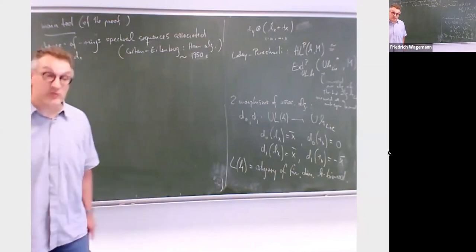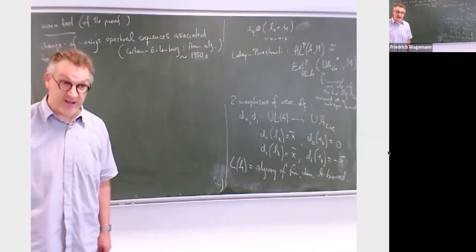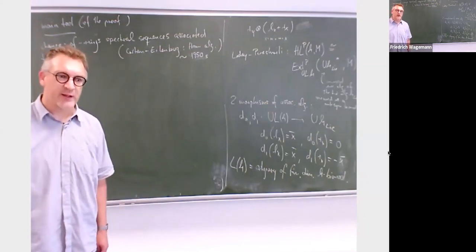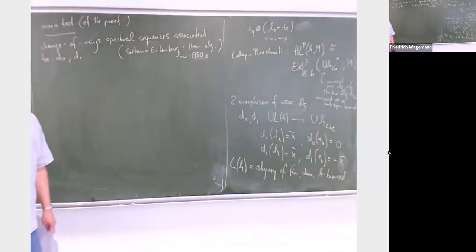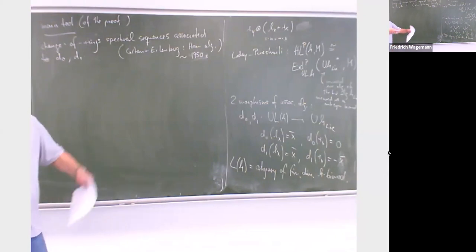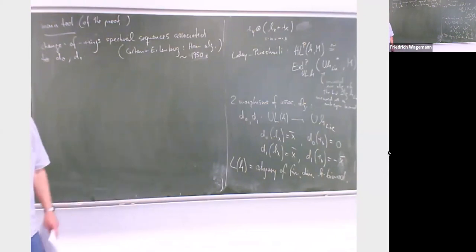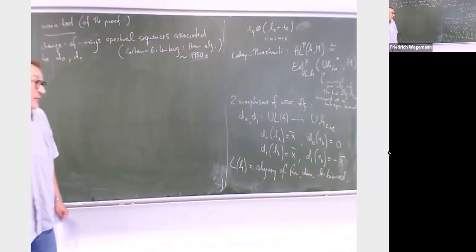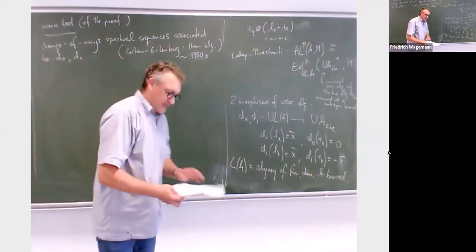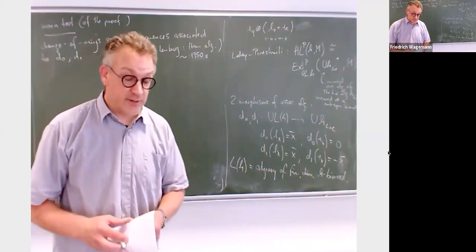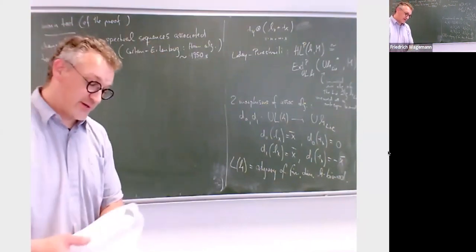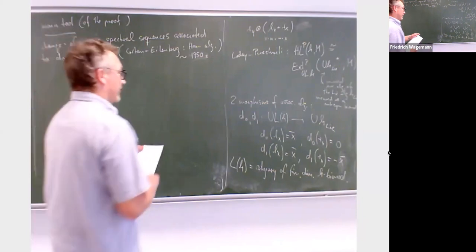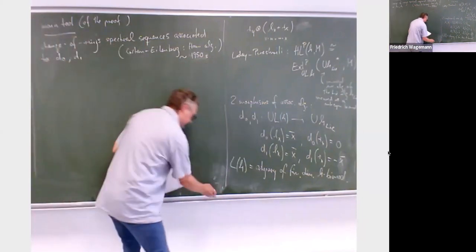So it is a very old tool. This tool just means that to any morphism of associative algebras, you have an associated spectral sequence, which is called the change of rings spectral sequence. And this is what Loday and Pirashvili write out explicitly for these two morphisms.